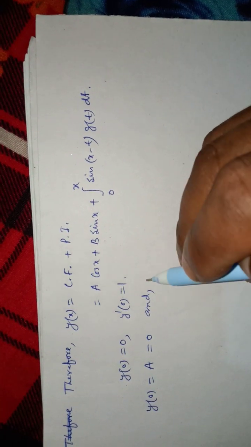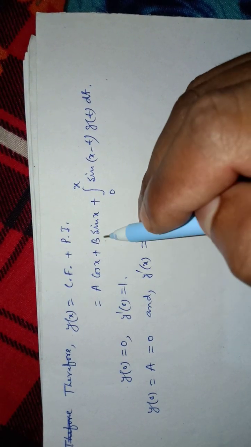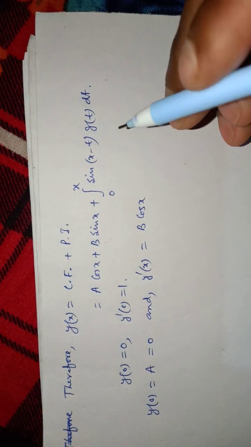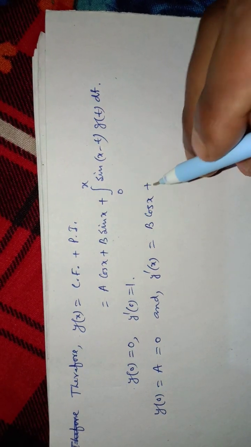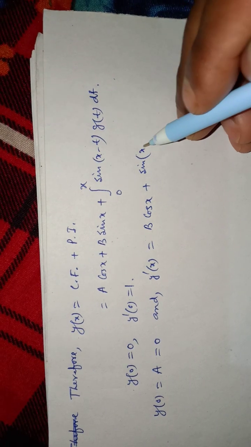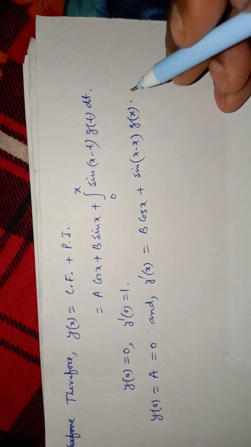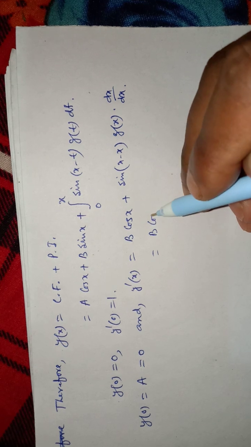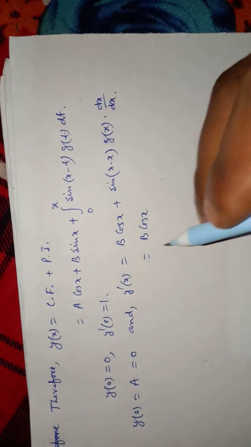And y dash x is equal to b cos x, and if we differentiate the integral part we get sin of x minus x into g of x, so y dash of x is equal to b cos x plus sin 0, this part is 0.